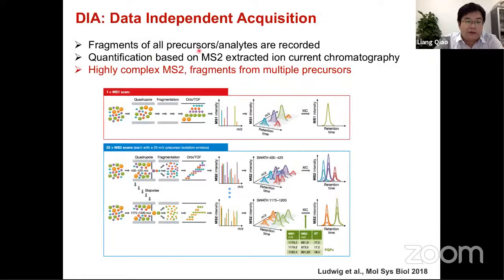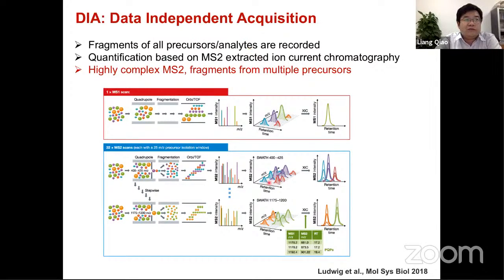As we all know during the week already about the DIA, it features the collection of the MS2 independent from the MS1. In this way, we can collect almost all the fragments of all the precursors inside the sample.